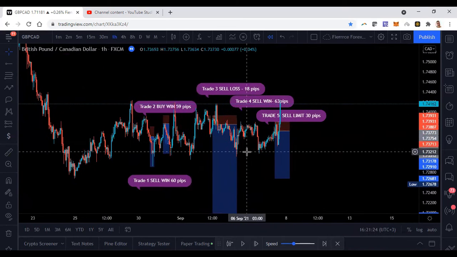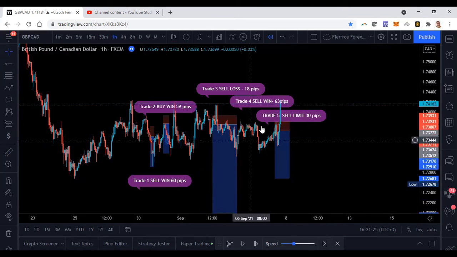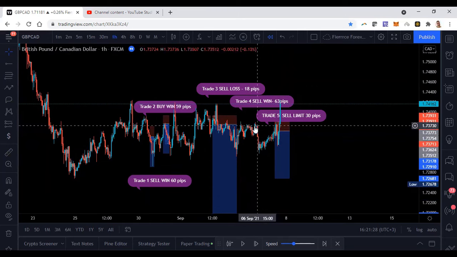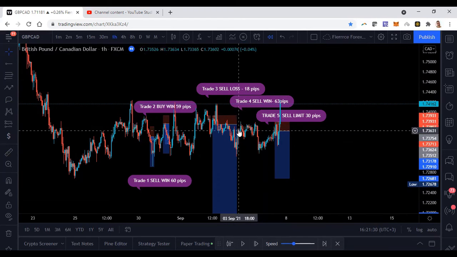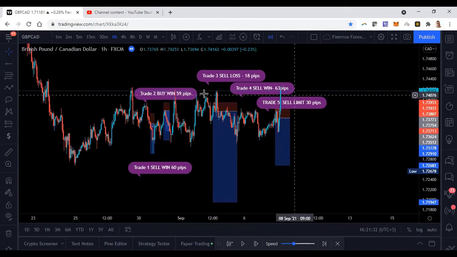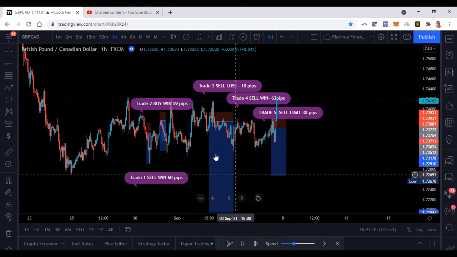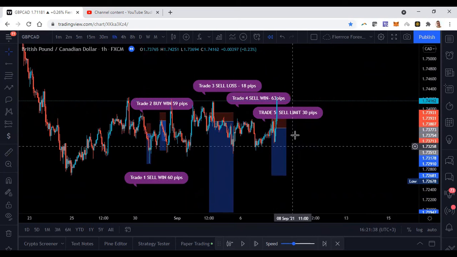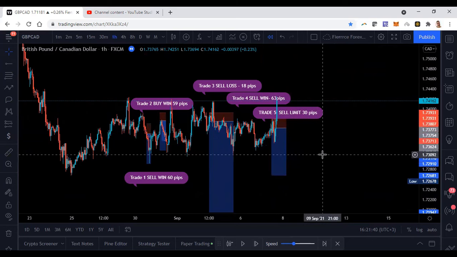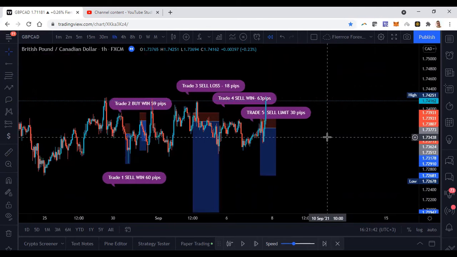Actually, I should have known better. There was a bit of consolidation here, so I should have known that price was going to try and push lower, but I'm still thinking about sells.